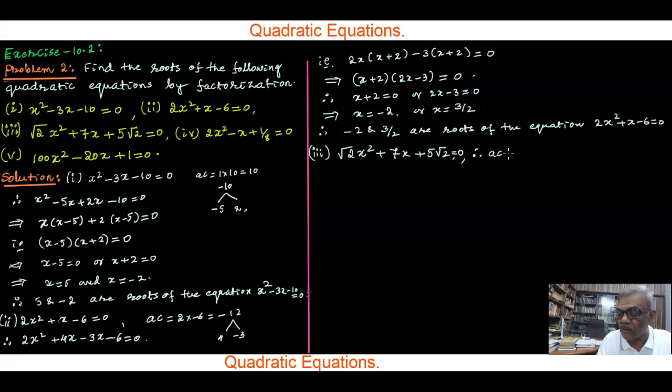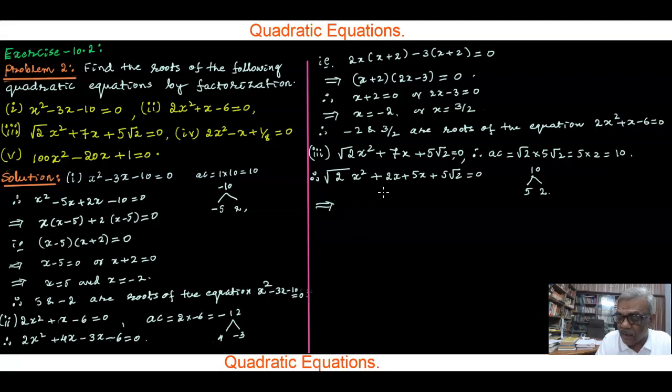Therefore AC equal to root 2 into 5 root 2 is equal to 5 into 2, that is 10. And we can factorize this 10 as 5 and 2. And therefore the equation can be factorized as root 2 x square plus 2x plus 5x plus 5 root 2 equal to 0.